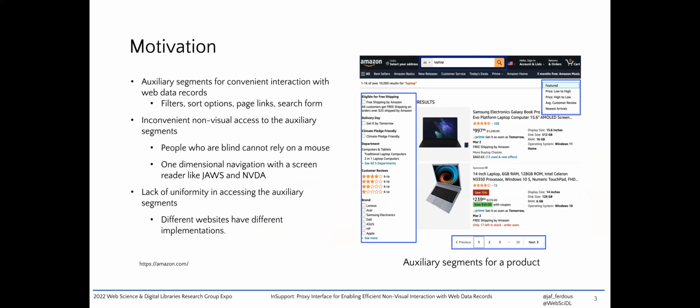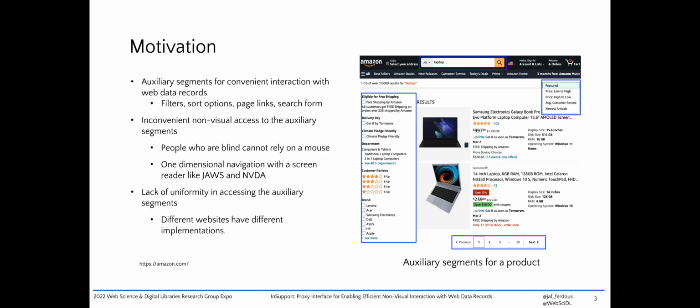These auxiliary segments are typically found scattered around the data records in a way that is convenient for point and click interaction with visual input devices such as a computer mouse. People who are blind cannot use a mouse and instead predominantly rely on keyboard-driven screen reader assistive technology. Accessing the auxiliary segments is not as easy and quick as it is for sighted users.